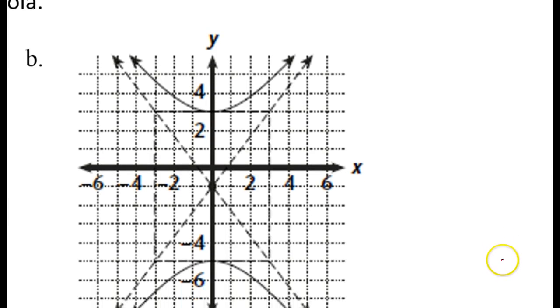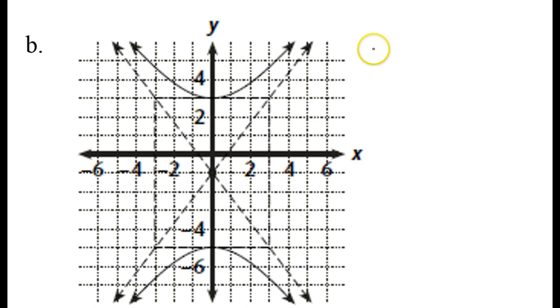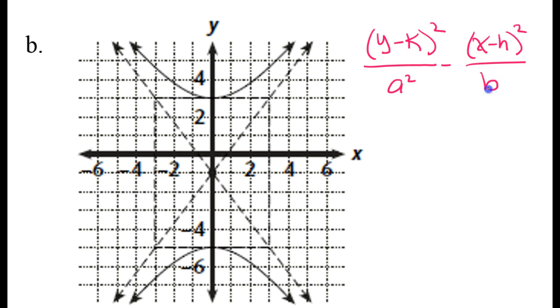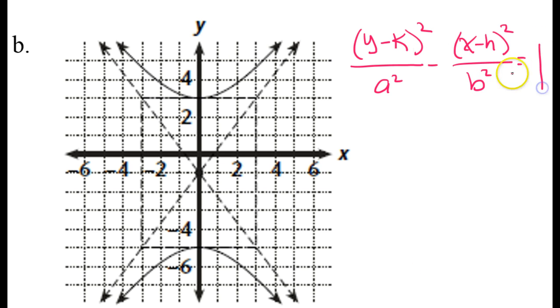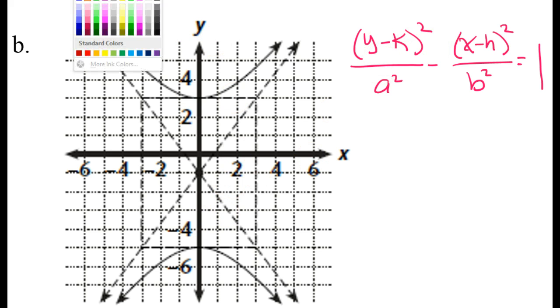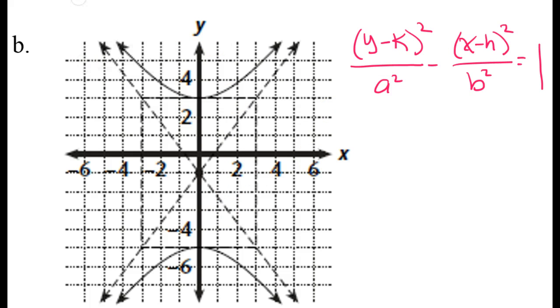Okay, what about b? This one's vertical, so I know that I'm going to have y minus k squared over a squared minus x minus h squared over b squared is equal to 1. Okay, it's vertical, so I know the y term is going to be first. Check out the center. Here's the center at 0, -1.